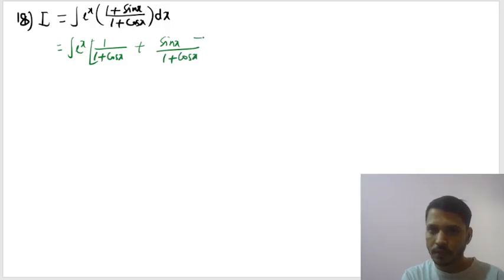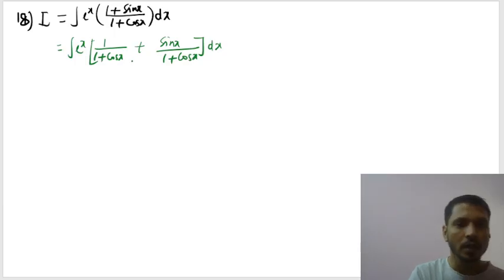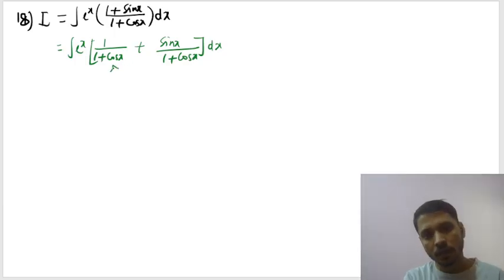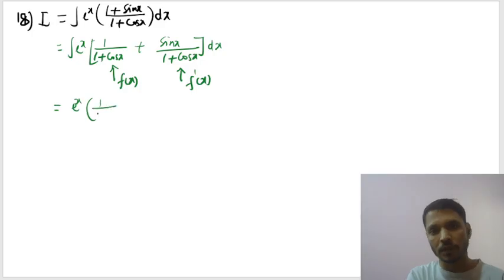If this is our f of x, then for sure this will be f dash of x. So we can write our answer directly as e to the power x into f of x, and f of x here is 1 by 1 plus cos x, plus c. So this is the answer.